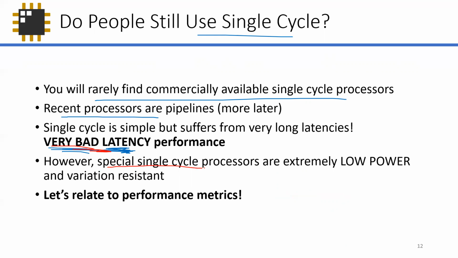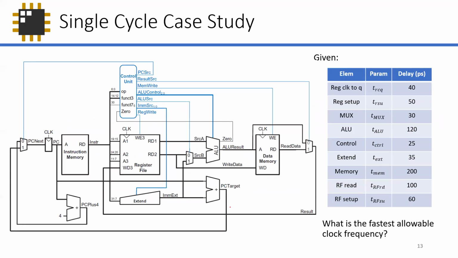However, some special single cycle processors are still useful for low power and variation resistant applications. But we won't discuss it today. If you're interested, we can discuss it next time. What we want to do is relate it to our performance metric from last time. Say for example, I have the same single cycle processor, but I am given the delays for each component.